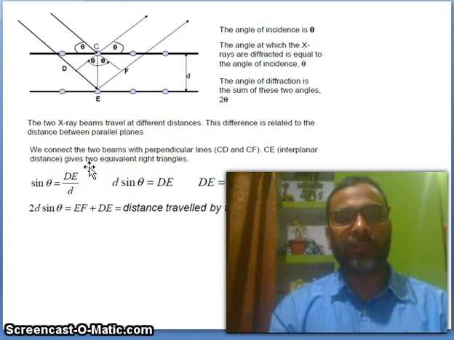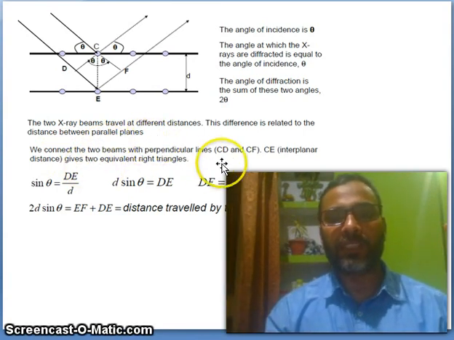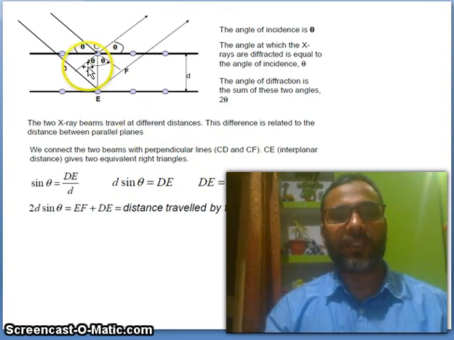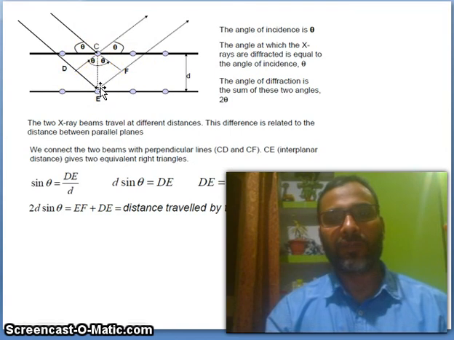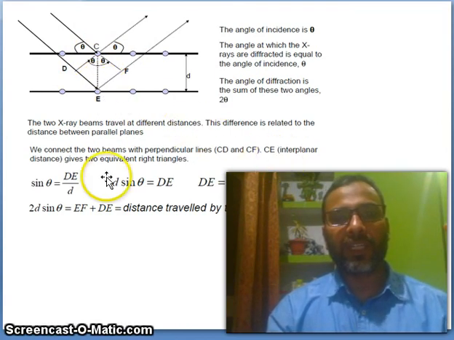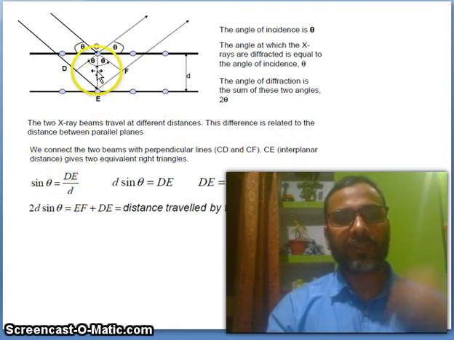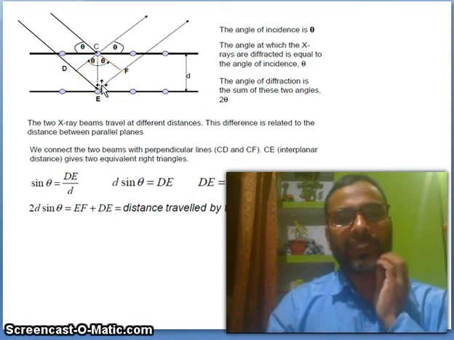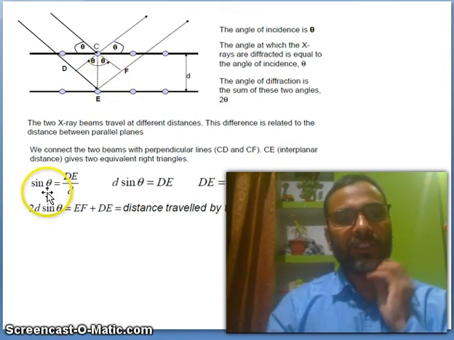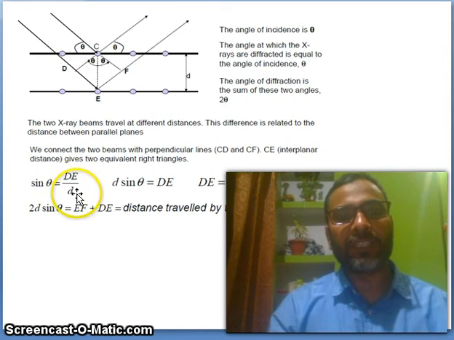We connect the two beams with perpendicular lines CD and CF. CE is the interplanar distance, and it gives two equivalent right angles. So sin theta is equal to DE by d.